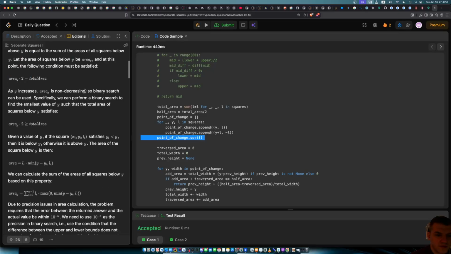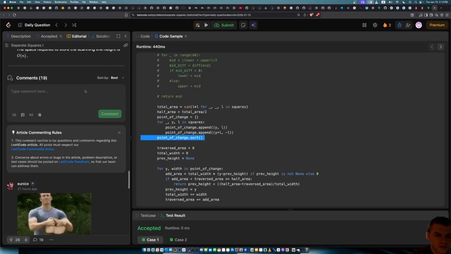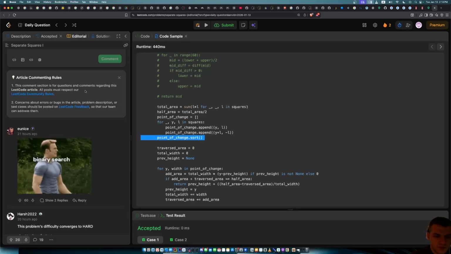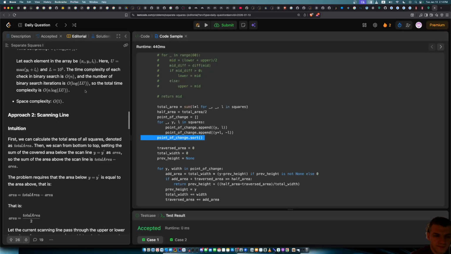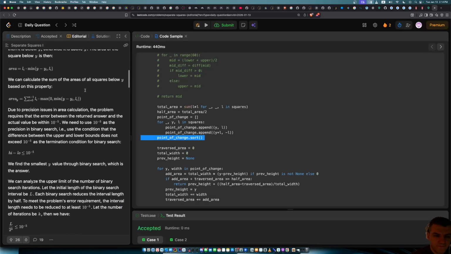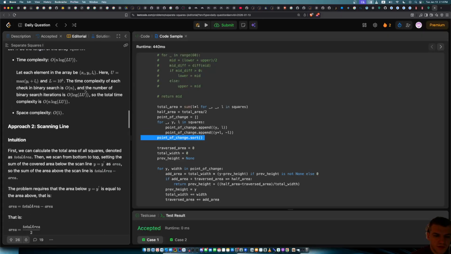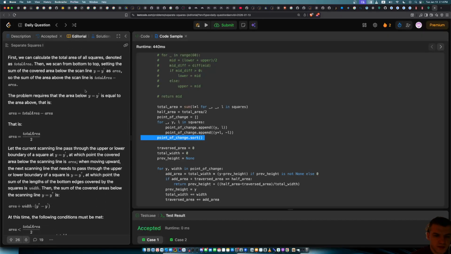What they say in the tutorial: binary search. Approach one. Approach two, scanning line.